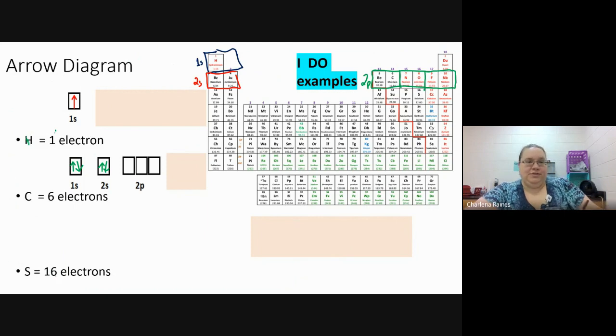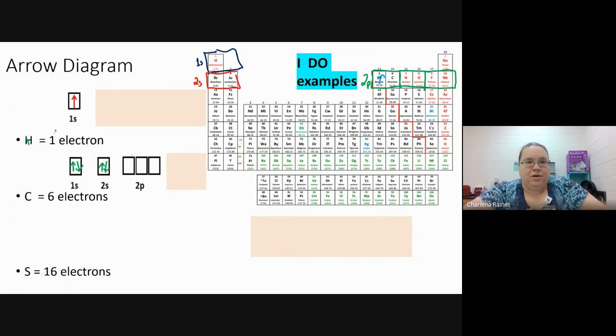2p holds 6 electrons. This is the only reason I don't like doing it from the table, is many students think that you have to do this to begin with because they're side by side. But really and truly what happens is they are in completely different positions.